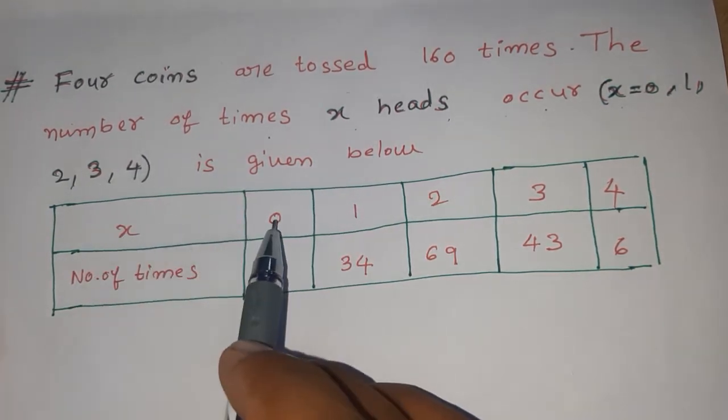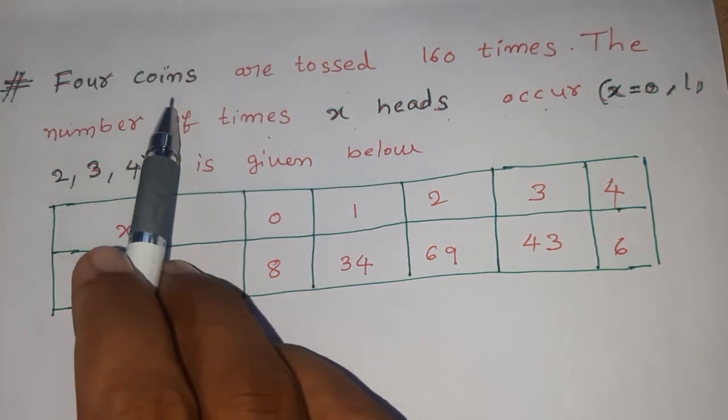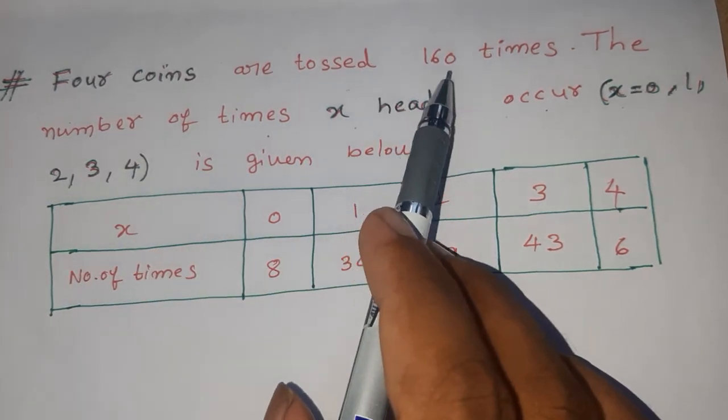X is equal to the number of heads among 4 coins, when we are tossing 4 coins at a time, 160 times.